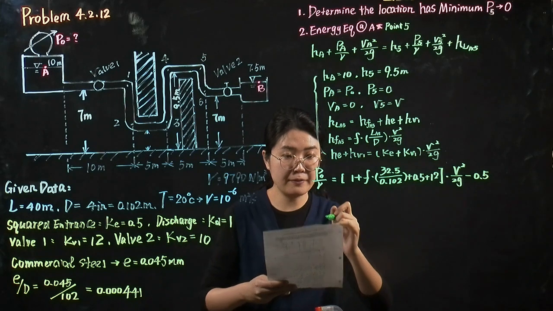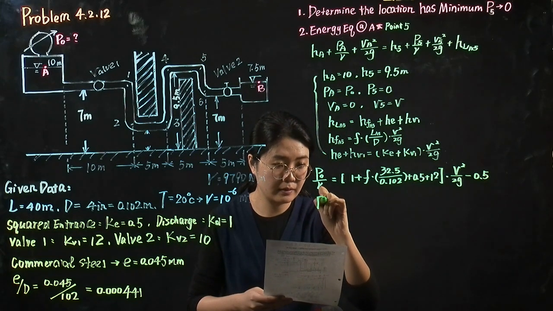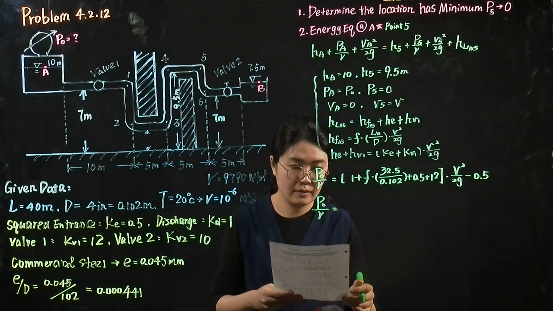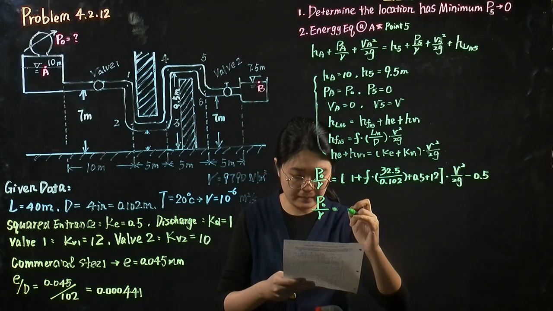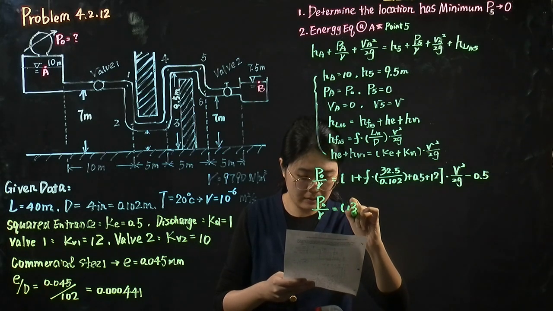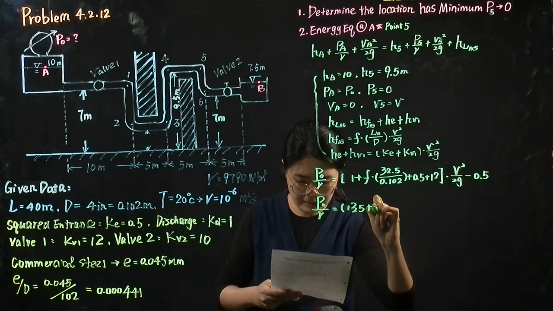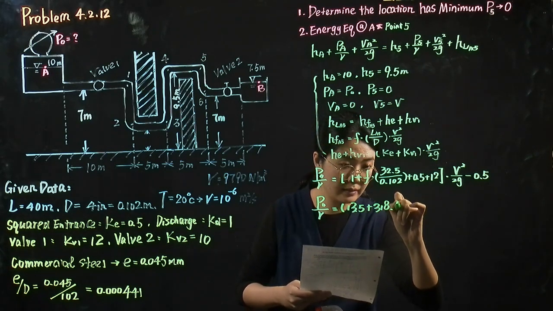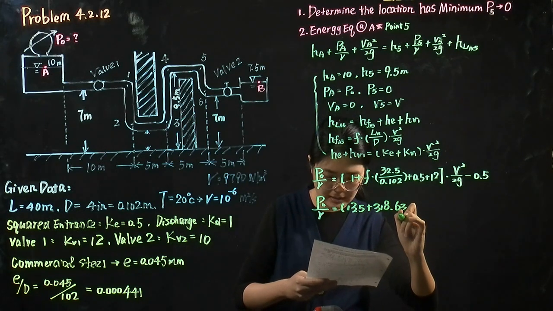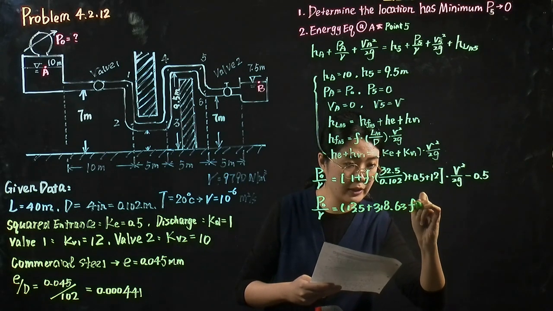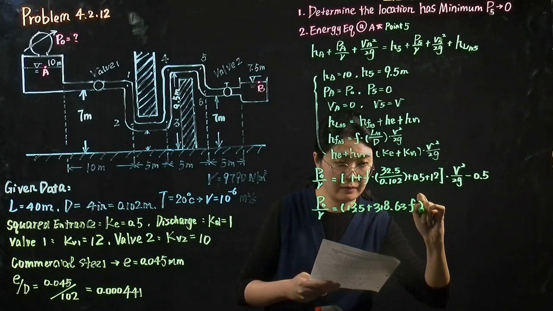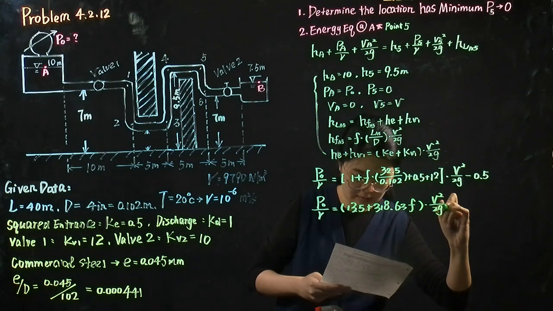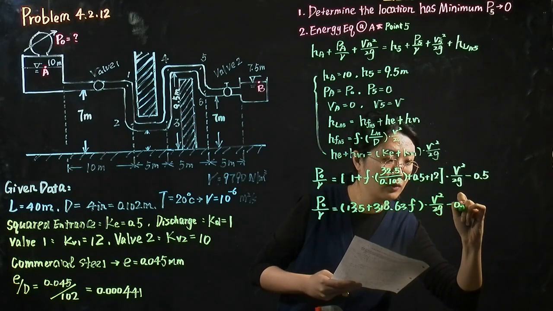After we simplify this equation, we can get the pressure head equals 13.5 plus 318.63 times the friction factor times velocity head, minus 0.5.